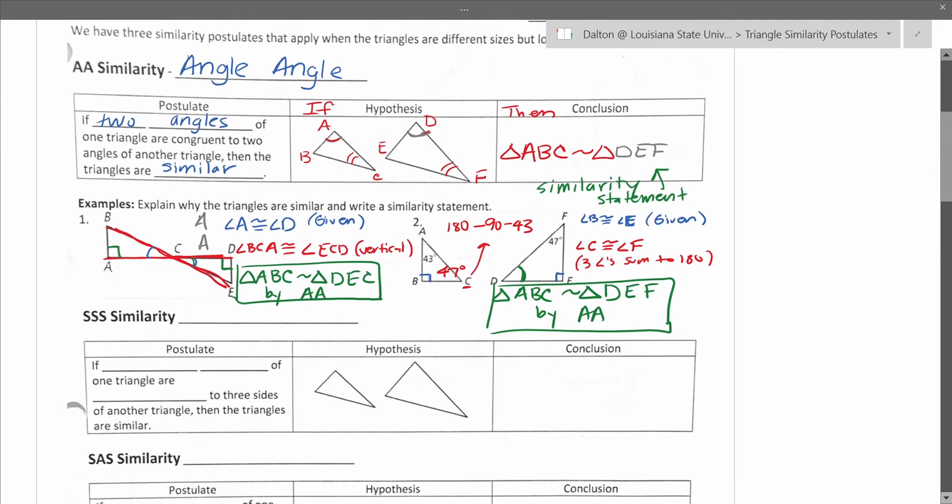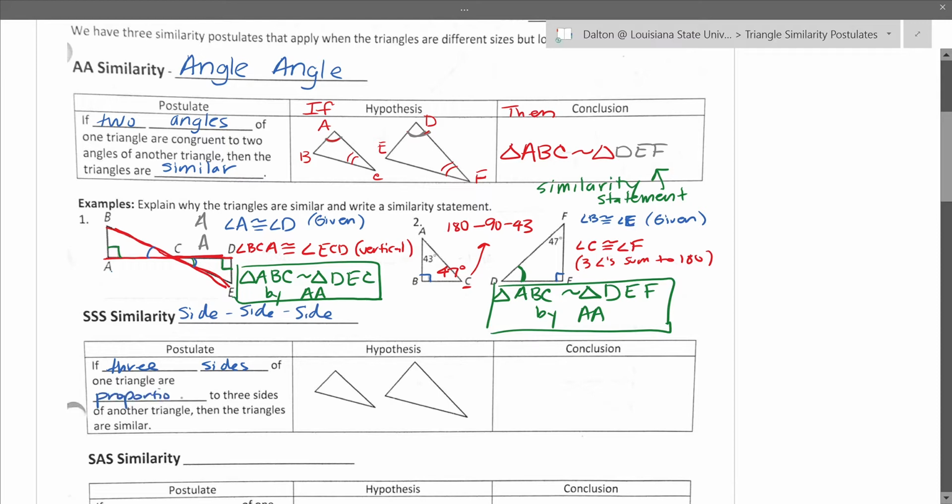We also have SSS similarity, which, as you may have guessed, stands for side, side, side. And it's not if the sides are congruent to each other like that is for congruent triangles. This is saying if three sides of one triangle are, remember, in similar shapes, the sides must be proportional.